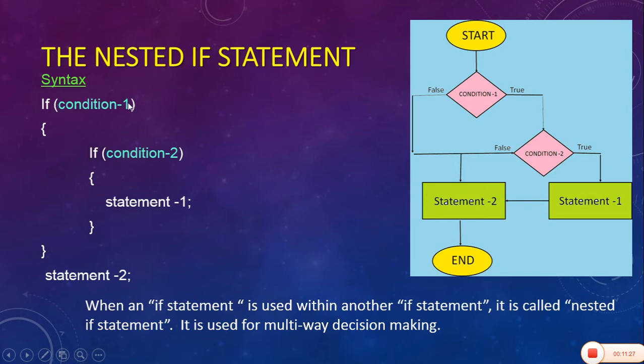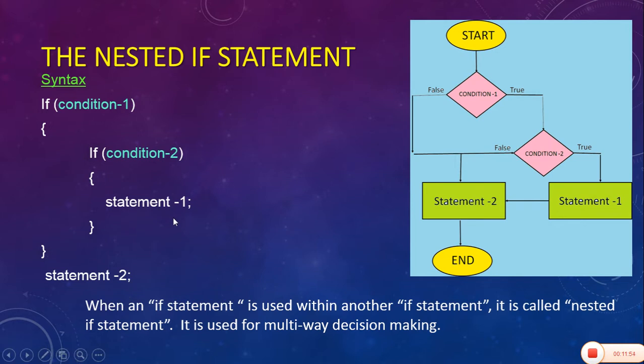Here condition 1 is checked. If condition 1 is true, then the control will be transferred inside this block, and in this block there is another condition, which is condition 2. If this condition 2 is also true, then statement number 1 will be executed.